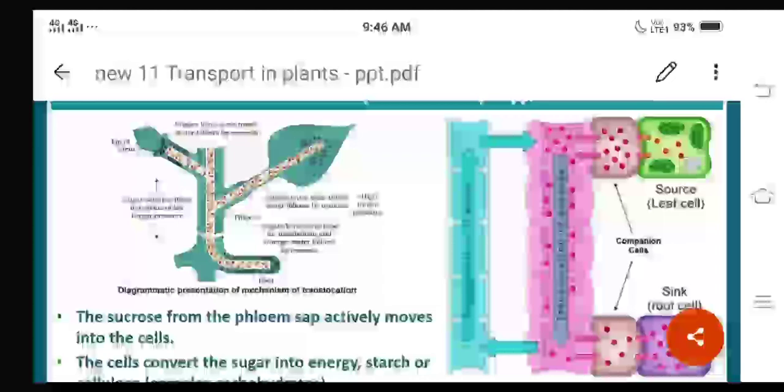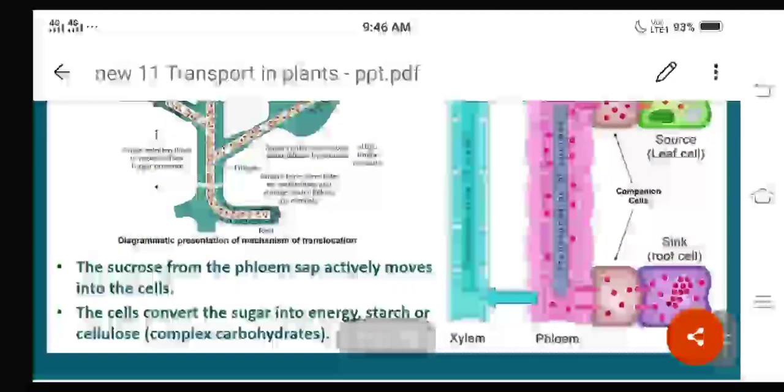Regarding active transport, already you have studied. In the sink part, what will the cells do here? The cells may convert the sugar into energy or starch or cellulose. Cellulose and starch are nothing but complex carbohydrates only.